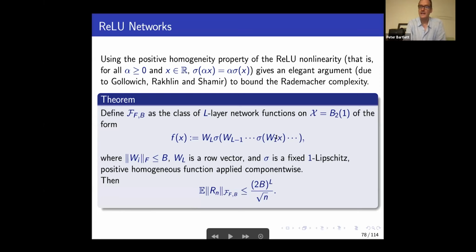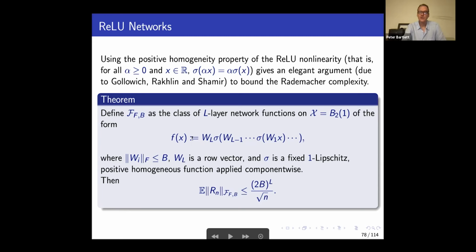So we take our input vector x, multiply it by a matrix W1, and then component-wise we apply the ReLU nonlinearity, and continue that way. Linear transformation to another vector, apply this to the components of that vector, and so on. For each of the parameters in these L layers, we have a bound on the Frobenius norm of the matrix, the square root of the sum of the squared entries, bounded by B. So all the way through the network, we have those bounds.